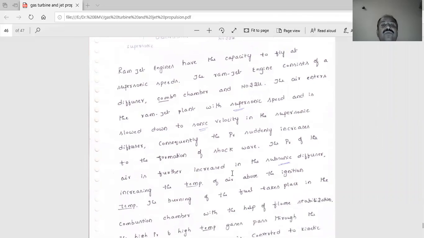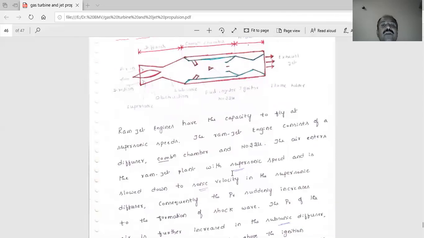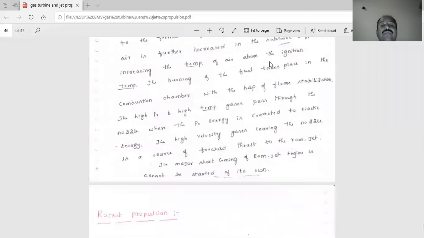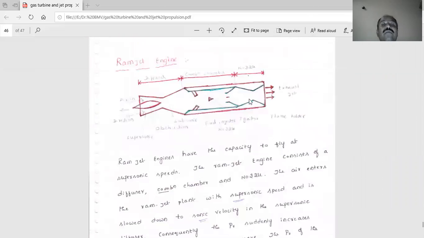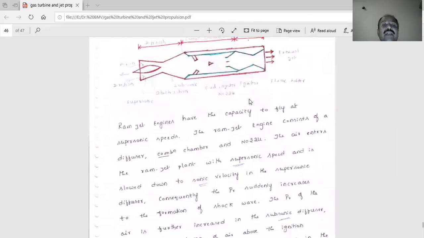Afterwards it passes to the combustion chamber, where an enormous amount of heat energy is released. Then the exhaust gas leaves into the atmosphere through the nozzle, which gives a thrust force to the aircraft. This type of engine is used in high velocity aircraft applications.